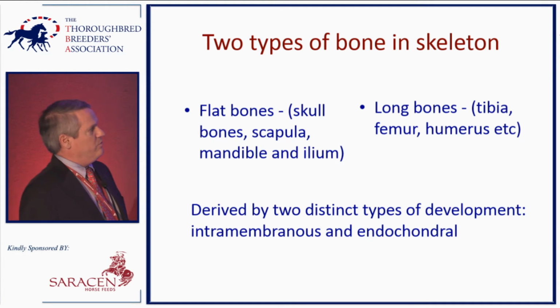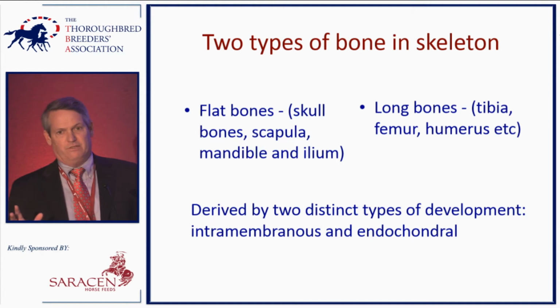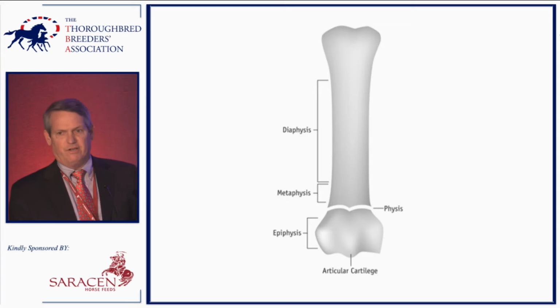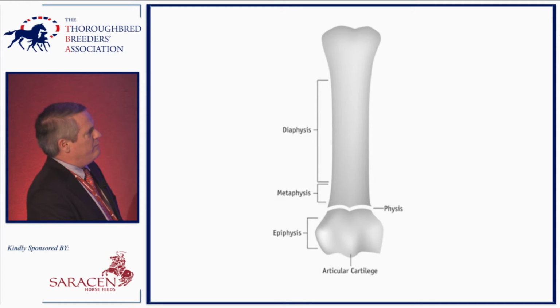They really are derived from two completely different types of development, and I'm going to talk today just about the growth of long bones. This is a diagram that indicates the architecture of a long bone. You have the shaft here, the diaphysis. You have the epiphysis down here, articular cartilage on the bottom, and you have a growth plate.